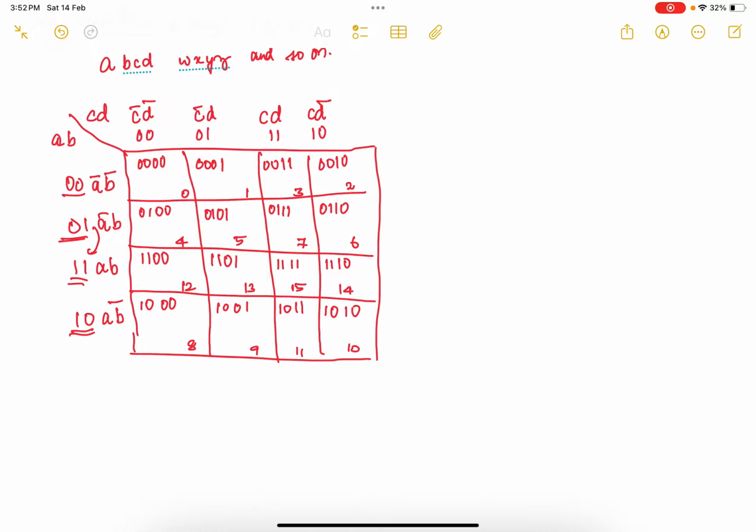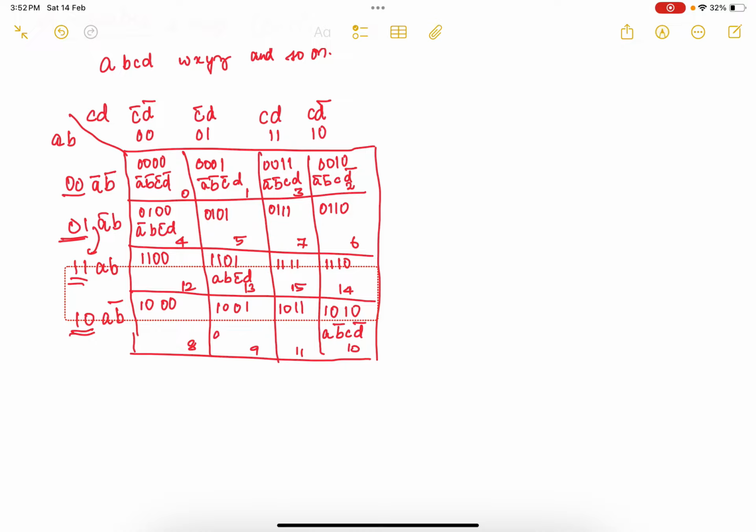When you write the names of the variables, this will be represented as A bar B bar C bar D bar, and this will be represented as A bar B bar C bar D. This will be represented as A bar B C D bar. This will be represented as A bar B bar C D bar. Similarly, this is A bar B C bar D bar. If I write this, this is A B C bar D. If I write this, this is A B bar C D bar.